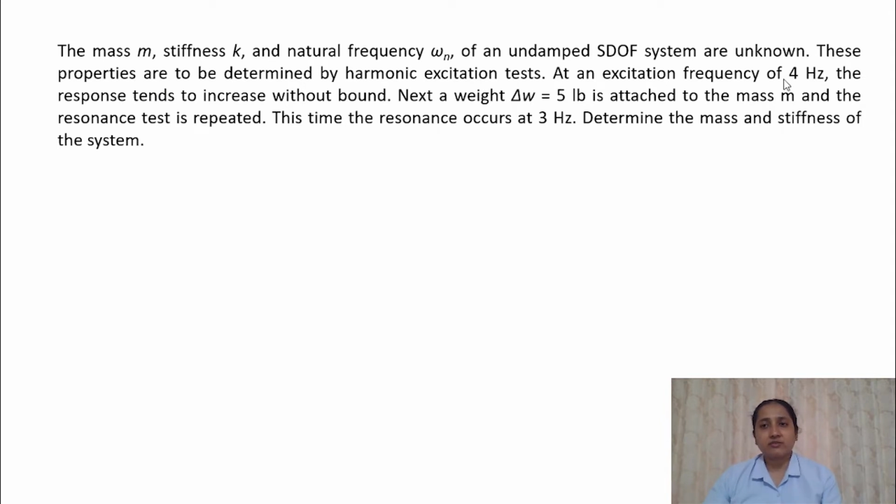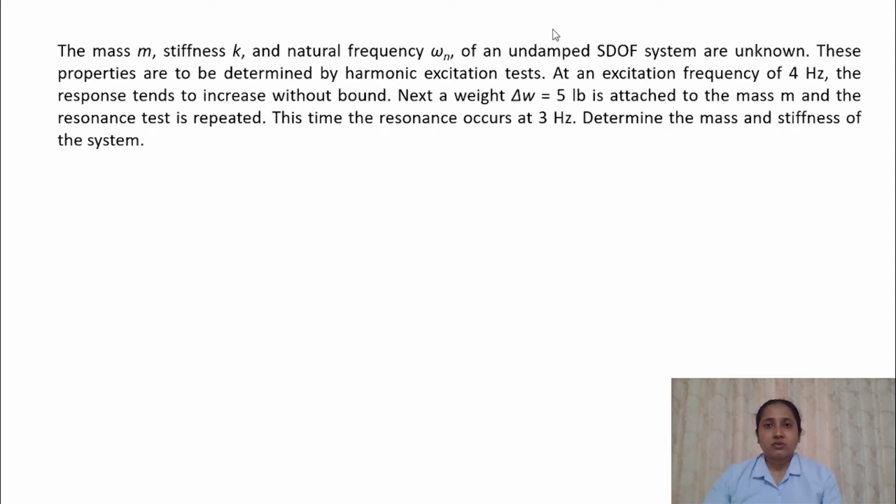At an excitation frequency of 4 Hz, the response tends to increase without bound. Next, a weight delta W, which is equal to 5 pounds, is attached to the mass m and the resonance test is repeated. This time, the resonance occurs at 3 Hz. Determine the mass and stiffness of the system.